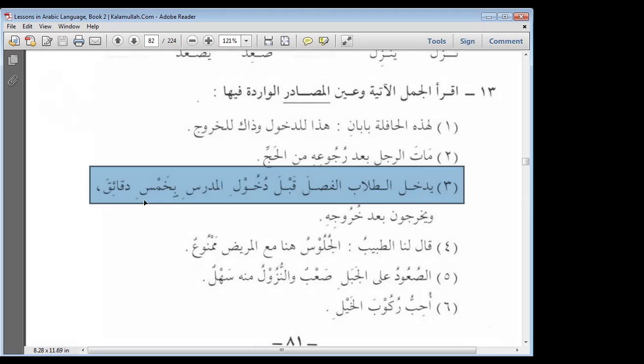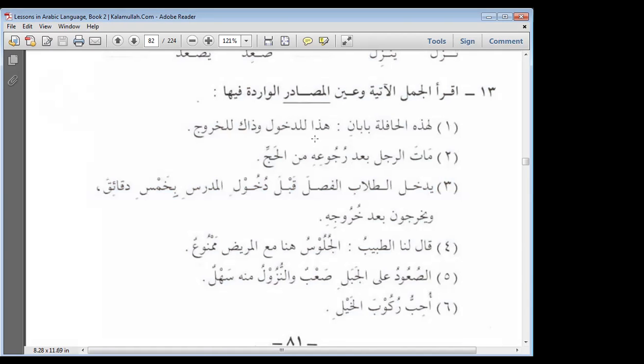The he there is an added on pronoun. It's not part of the masdar. Is anybody confused about that? The masdar itself is this part here. So you have raja'a, yarji'u, ruju'.